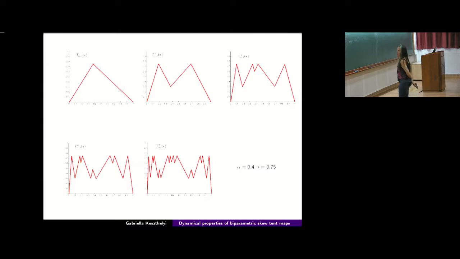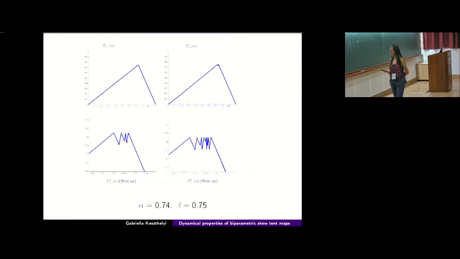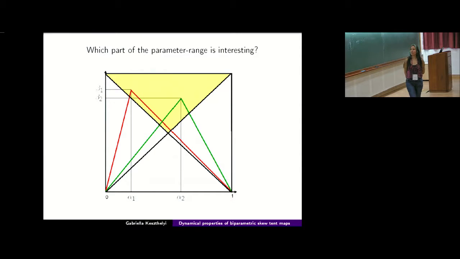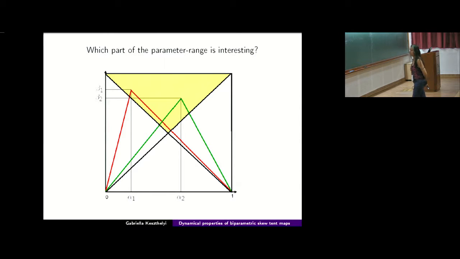Okay, so this is how it looks for some parameters. It becomes very spiky very, very fast. Although it becomes very spiky, it's not true everywhere. This is the only parameter range where the dynamics is actually interesting, because if we are below the diagonal, then the 0 point is an attracting fixed point, so it will be just flat.